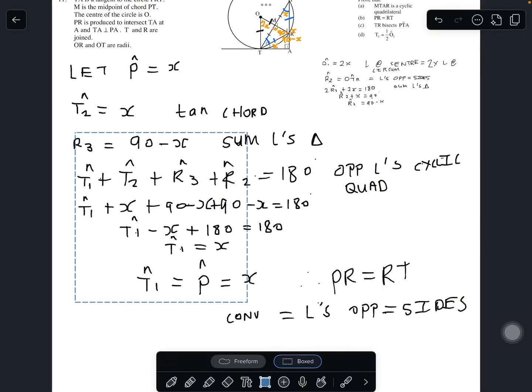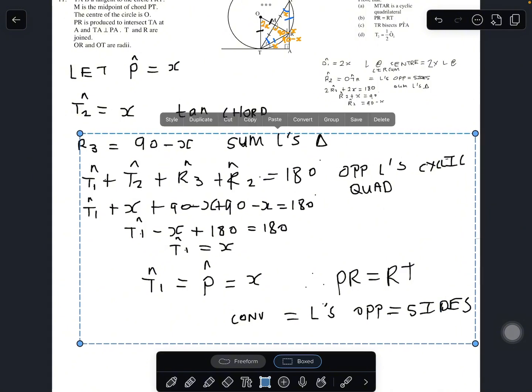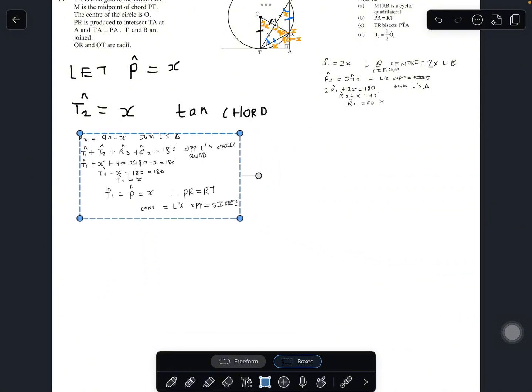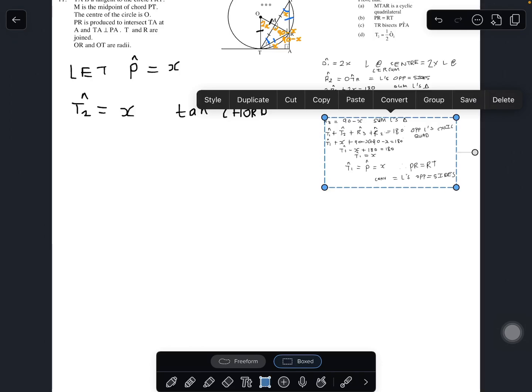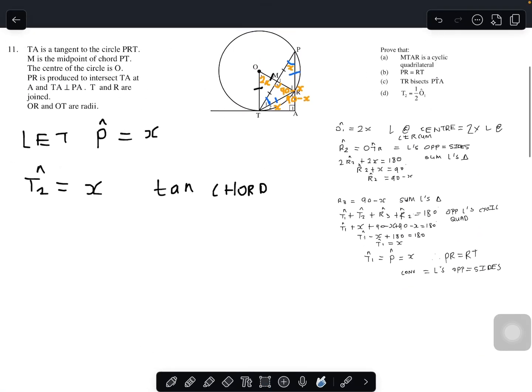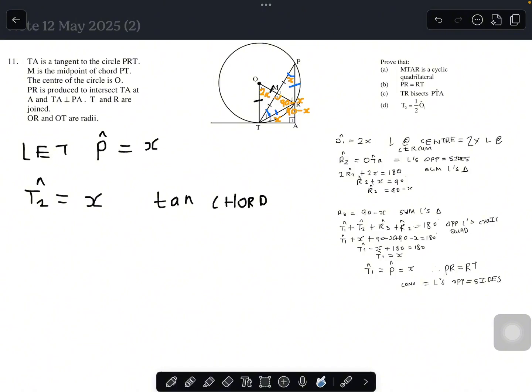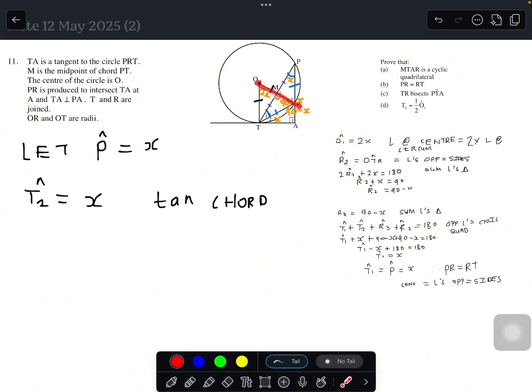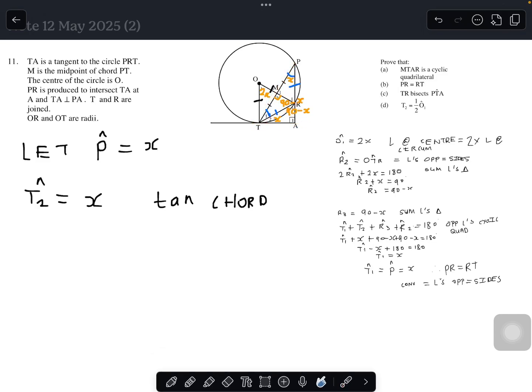So now if you have all of this taken down, let's look at our next question. It says prove that TR bisects PTA. So we're looking at TR bisecting PTA, and that's basically going to say that T1 equals T2.